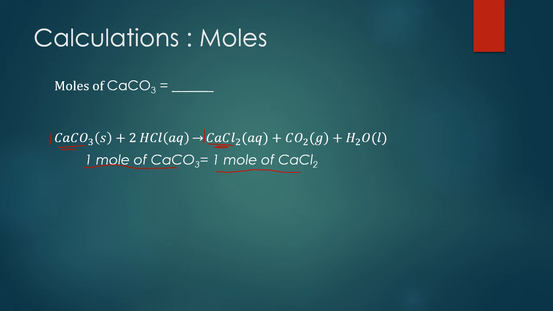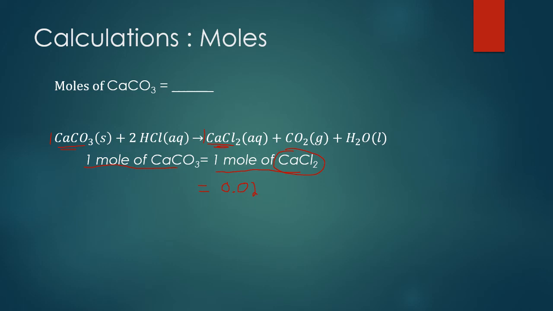So if I know the number of moles of calcium chloride, which I do, we just figured that out, that's going to be the same as the moles of calcium carbonate. For instance, say I calculated on the previous slide, when I was calculating the number of moles of the solid recovered, remember the solid recovered was calcium chloride, and let's say I got 0.002 moles.